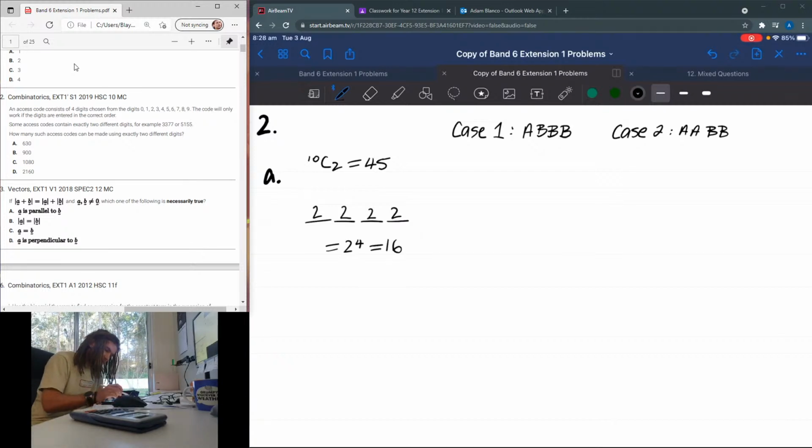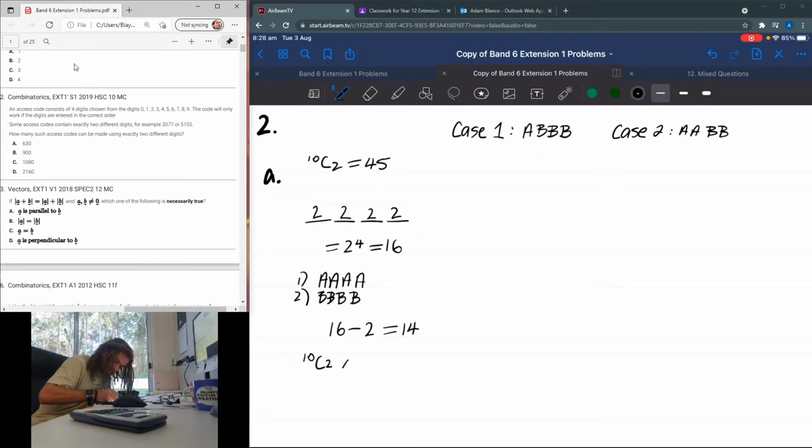But these are all the possible configurations, and you've got to take away the ones where you've just got all of the same digit, so 16 minus 2, since there are 2 such cases, that's 14. And when you do 10 choose 2 times 14, you get 630.